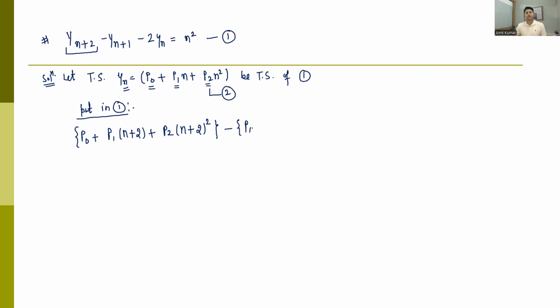So now wherever you find n, replace it by n+1 in y(n). This is how we obtain y(n+1). The last term is twice of y(n), so minus twice of, in place of y(n), p0 + p1 n + p2 n square, and it is given as equal to n square.